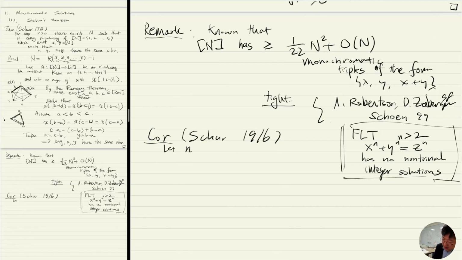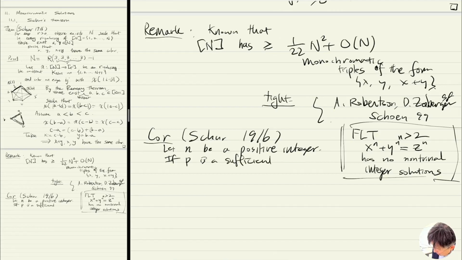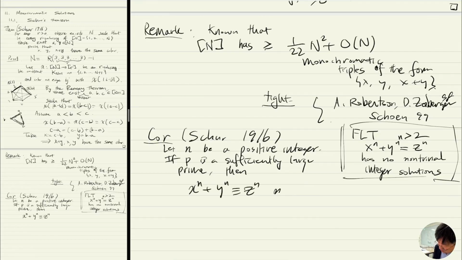Let n be a positive integer, and if p is a sufficiently large prime, then x to the n plus y to the n equals z to the n modulo p has no non-zero solutions.